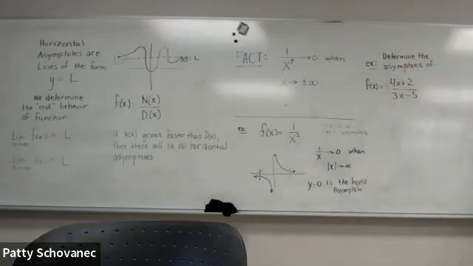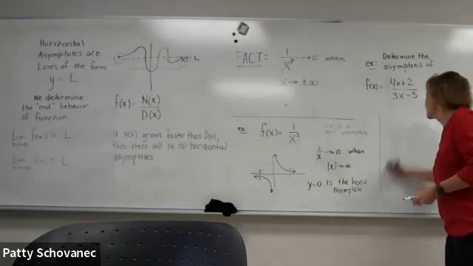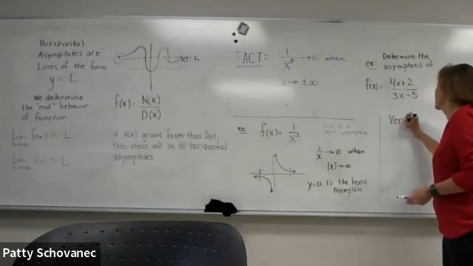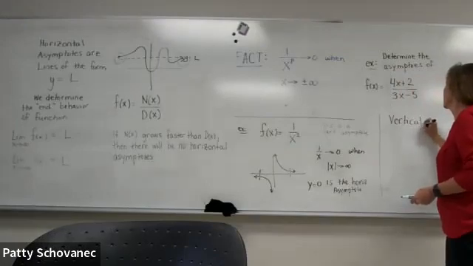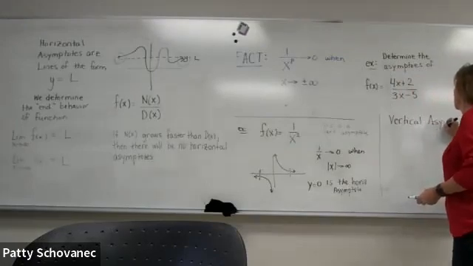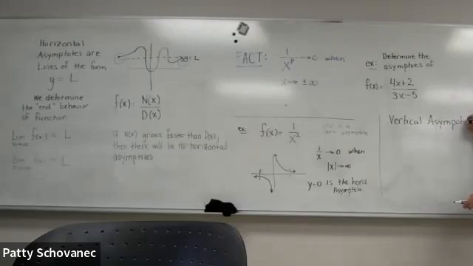This particular example has both a horizontal asymptote and a vertical asymptote. Let's get the vertical asymptote first. A vertical asymptote is a line, x is equal to something.